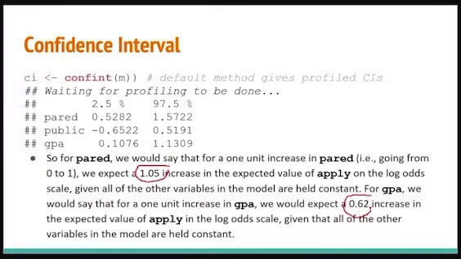For GPA, you don't move from class to class, because GPA is a continuous random variable, so we're just going to say a unit increase in that. A unit increase in GPA, we expect a 0.62 increase in the expected value of apply on the log odds scale, given that all other variables in the model are held constant. Do you see that interpretation now?